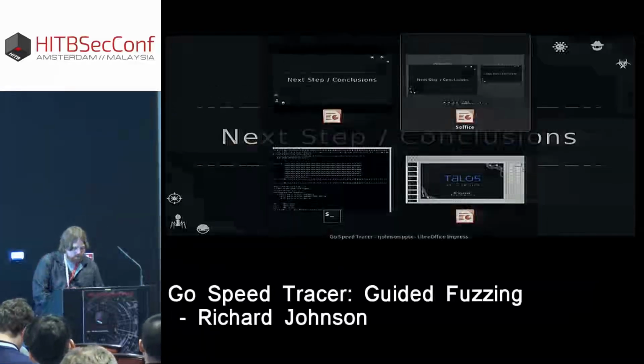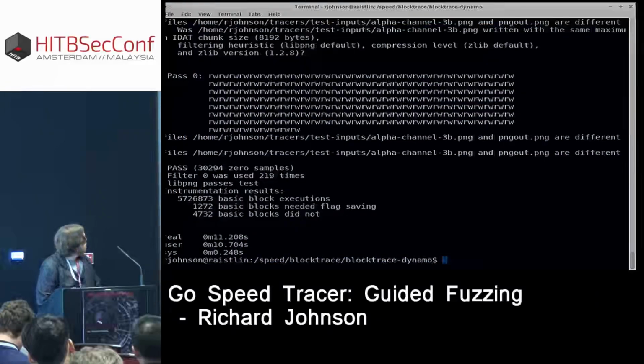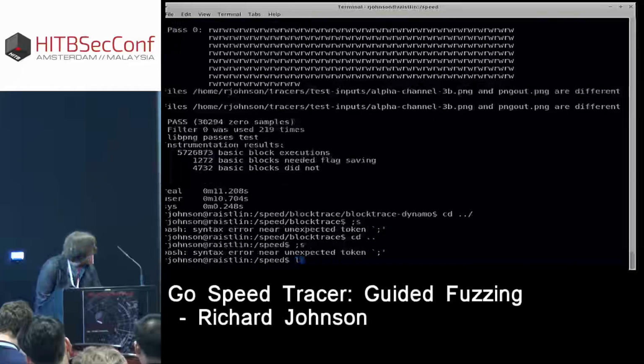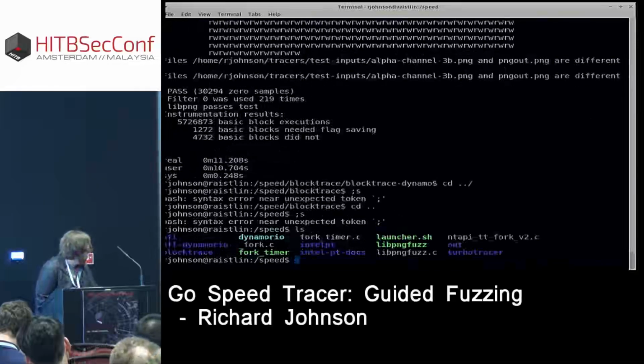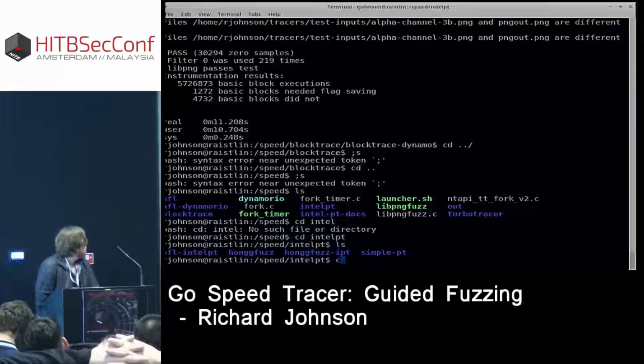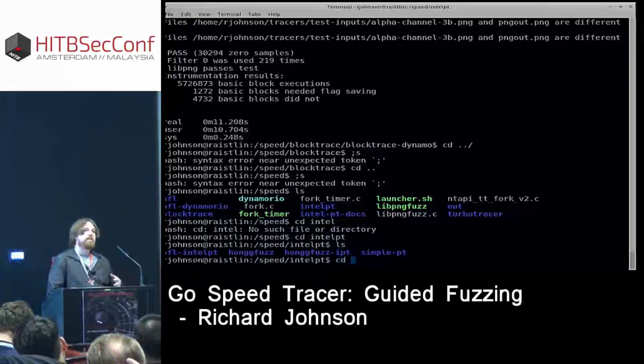All right, real quick, let me get a demo of the AFL. This is what I've been working hard on. So yeah, I've implemented this in Honggfuzz as well as AFL.